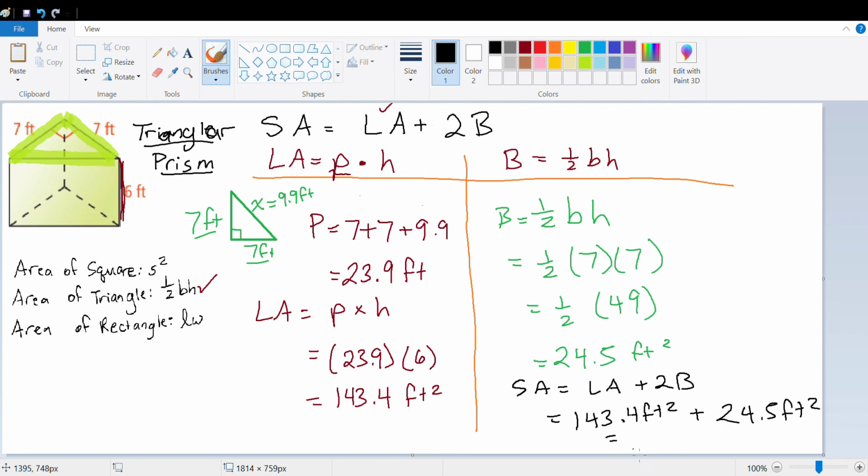And once you put everything together, you are going to get 167.9 feet squared. So this is the answer to this problem, the surface area of this triangular prism. Okay.